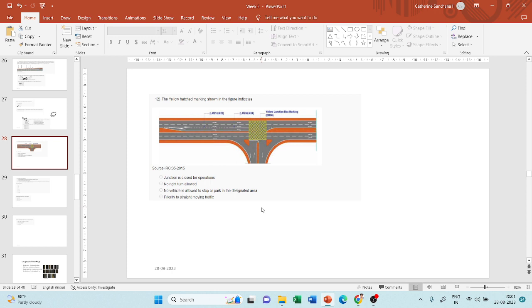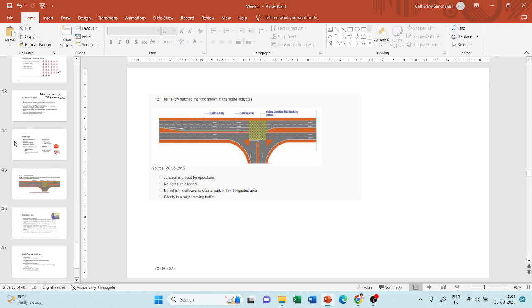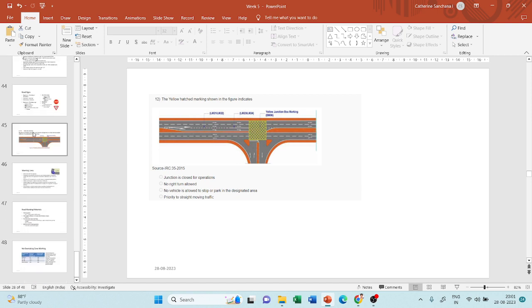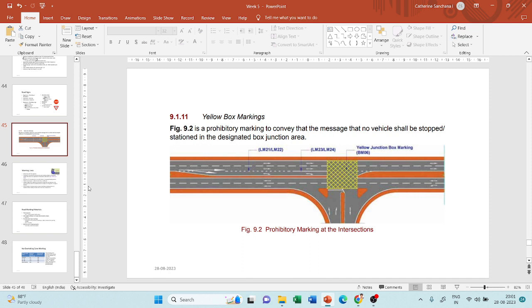Now moving on to the next question. The yellow hatched marking. We did not see this much in detail, but if you check the slides, I've taken this from IRC 35. Yellow box markings say that no vehicle shall be stopped or stationed in the designated box. So you should not stop or park your vehicles in this yellow box junction area.